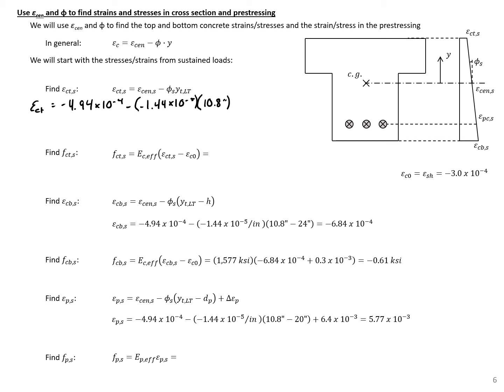So we'll get this strain here due to our sustained loads to be equal to negative 3.38 times 10 to the negative fourth.